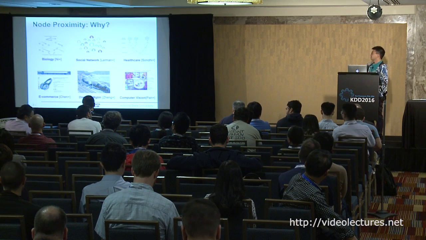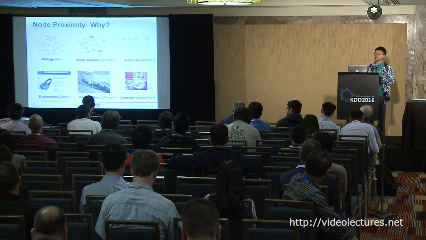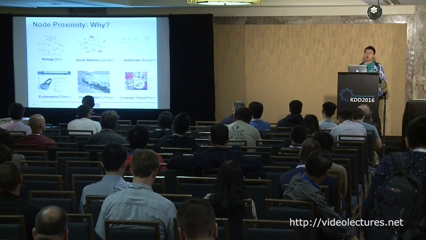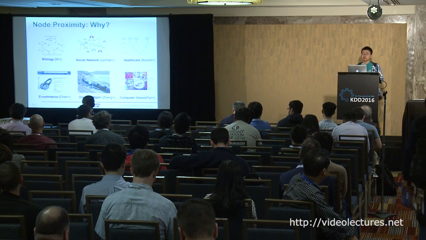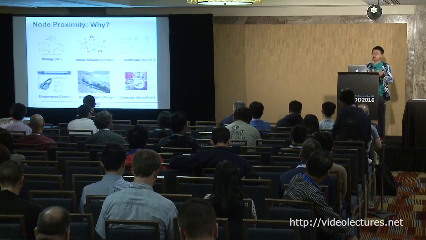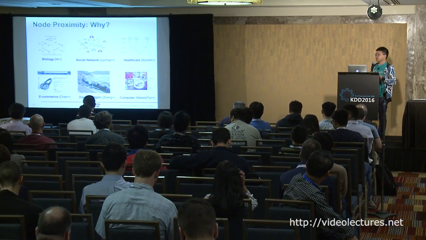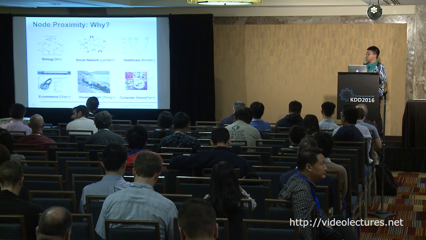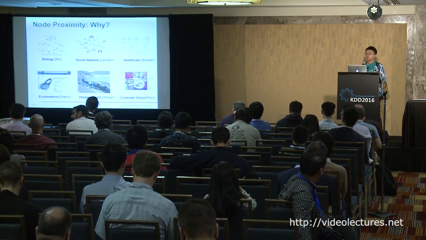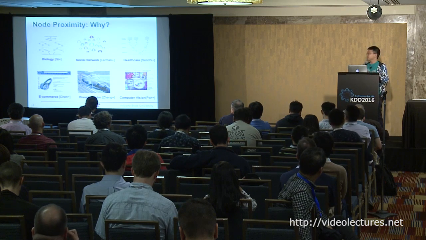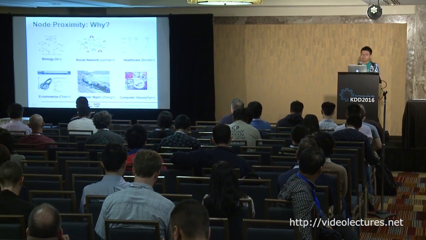In social networks, for example on the Facebook friendship network, node proximity can help us find friends that we might know. In e-commerce, node proximity can help recommend products that the user might be interested in buying. And in disaster management, node proximity can help users identify potential contacts for report sharing and community organization.